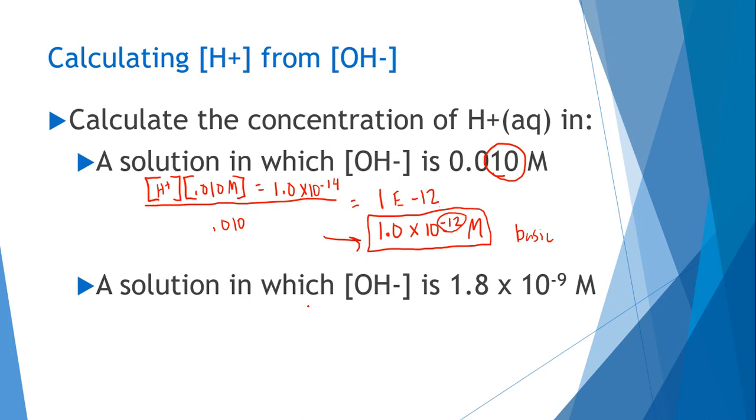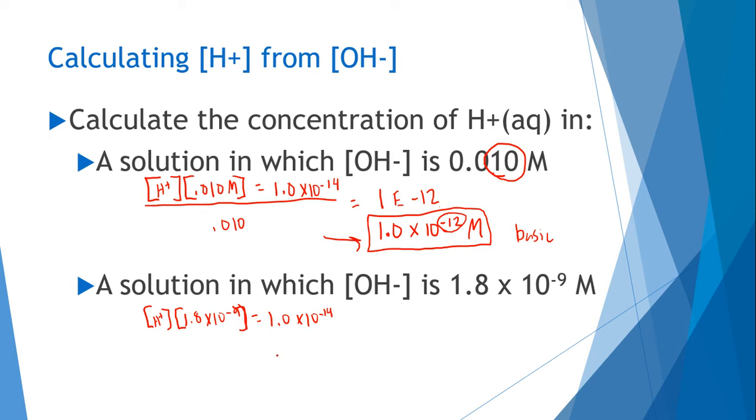Down here, if we were to solve, same thing. I don't know my H plus concentration. I do know my OH, so that's going to be 1.8 times 10 to the -9th. And this is all going to equal that 1.0 times 10 to the -14th.